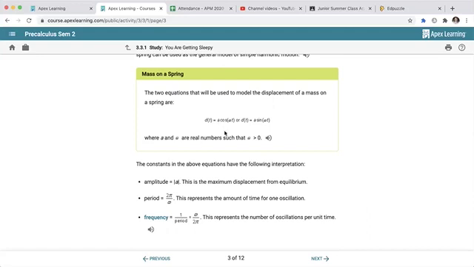Since we're dealing with sine and cosine, our periods normally are 2 pi. But as we found out when we were displacing our sine and cosine functions in that earlier unit, I think it was unit 2, we're going to divide by w if there's a factor in there for our period.